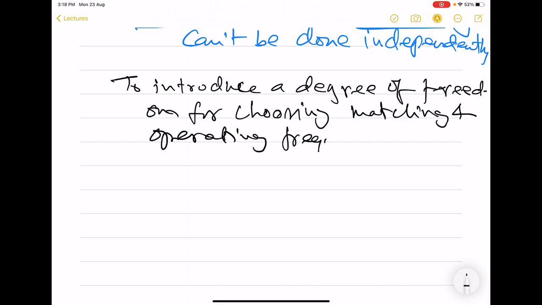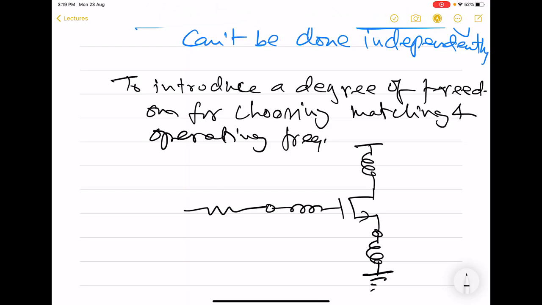We use this circuit. So here we have introduced this L_G additional inductor between gate and the source, and we have our usual L_S.